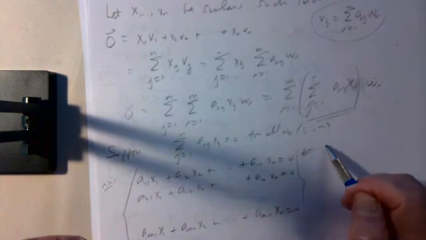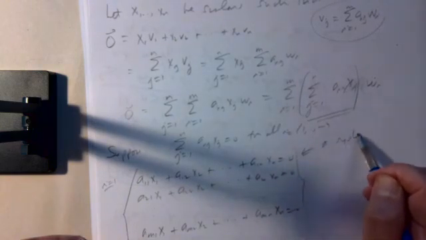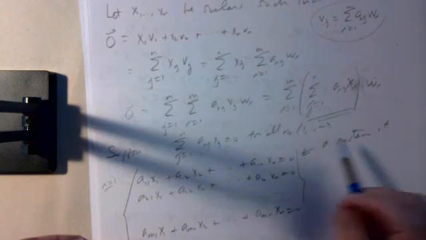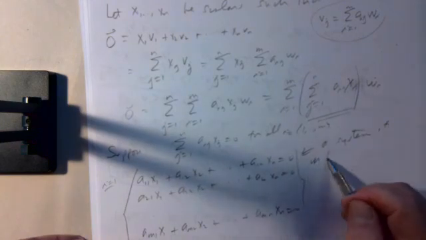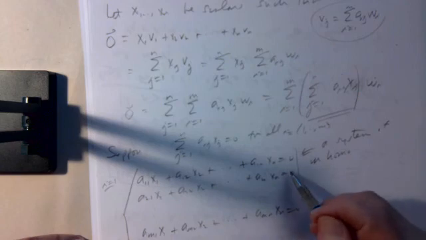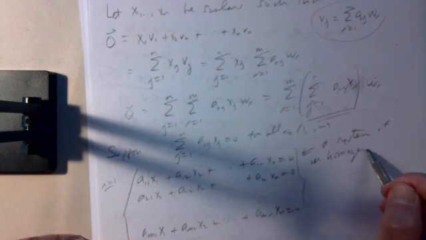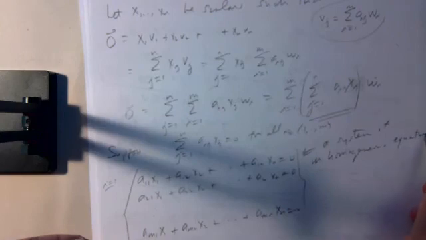So this is a system of how many equations? m homogeneous equations, the right-hand sides are all 0, in n variables.